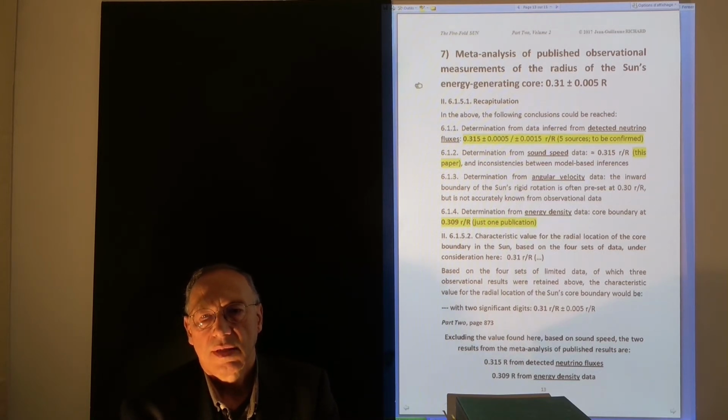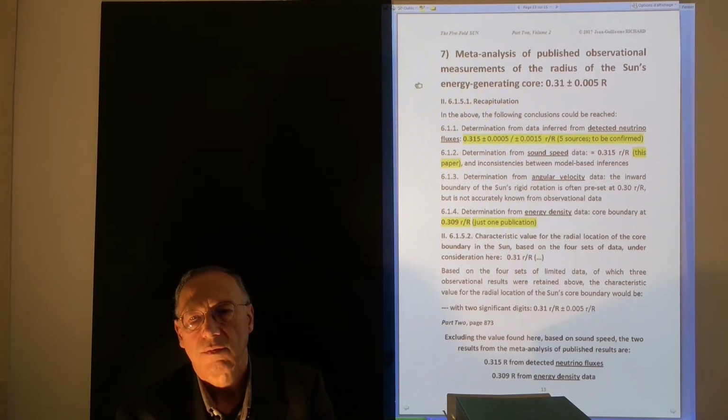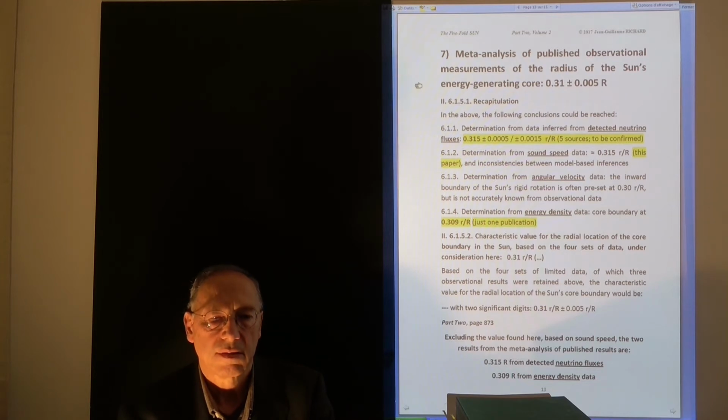In section 6.1.1 of the book is performed a meta-analysis of the data inferred in the extant publications from detected neutrino fluxes, in which the result 0.315 radius fraction is asserted in this project.